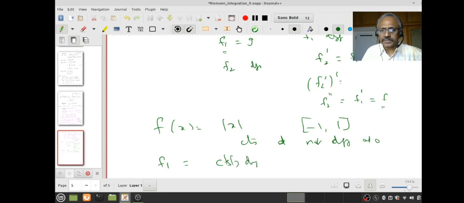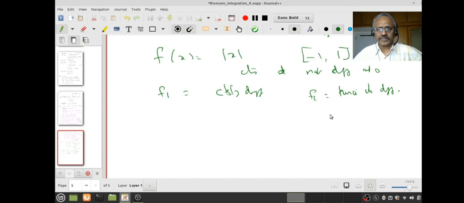Why continuously differentiable? Because the derivative is f and f is continuous. Then take f2, it will be twice continuously differentiable, and so on. This is the amusing part of the fundamental theorem.